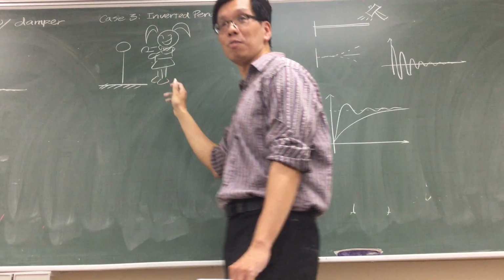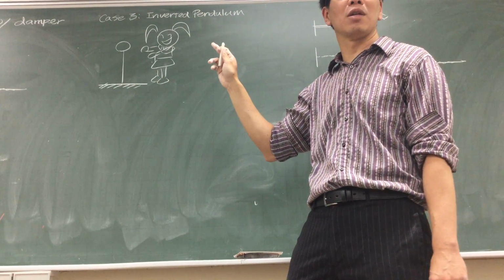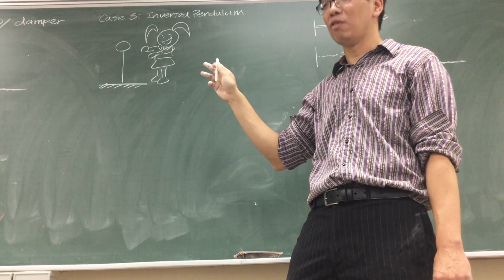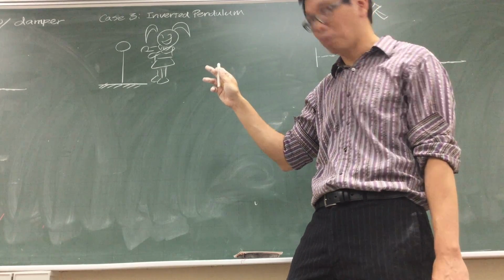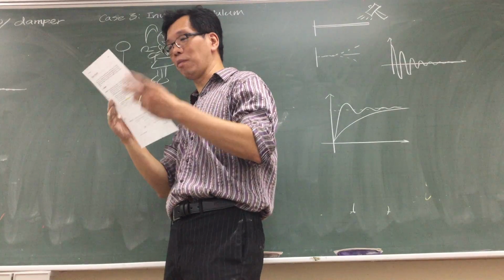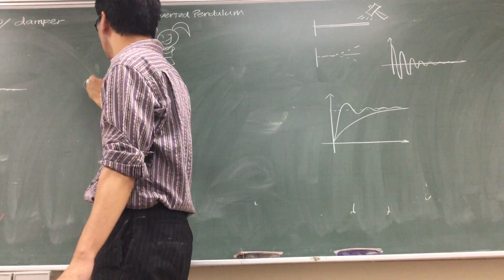So when I put a small force to this one, which is an impulse response, will this system return to 0 degree? No. So is this one going to be stable? No. So the inverted pendulum is going to be unstable. This one is only stable when it's over here.